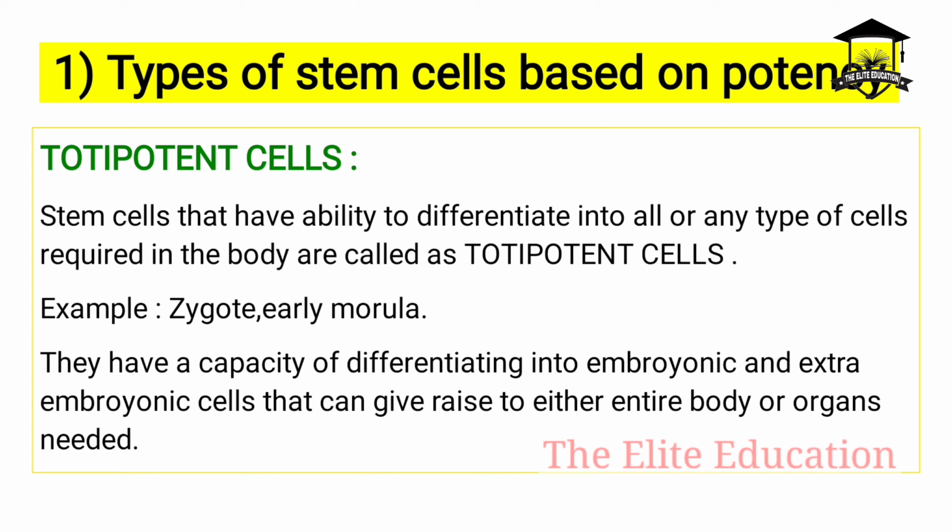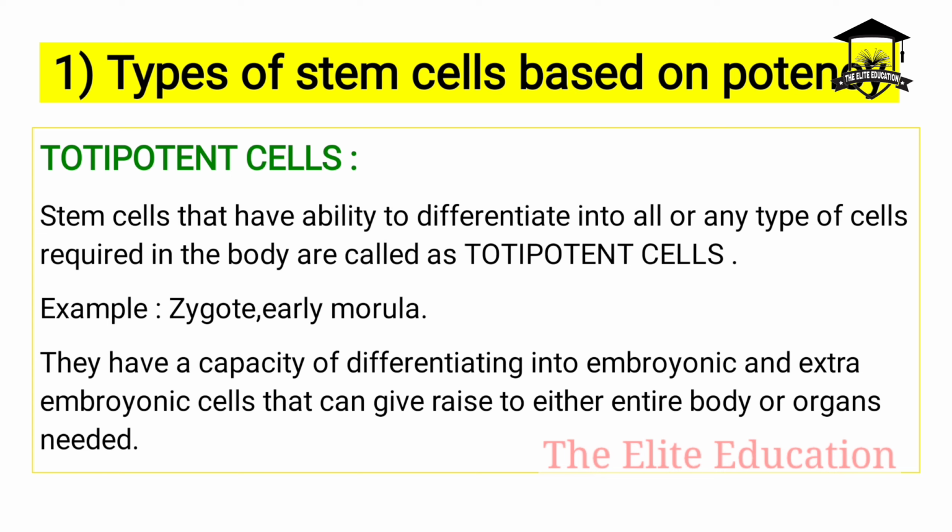So they have a capacity of differentiating into embryonic and extraembryonic cells that can give rise to the entire body or organs needed. As we all know, there are three germinal layers: mesoderm, ectoderm, endoderm. These cells can give rise to all the three, and even the extraembryonic cells.